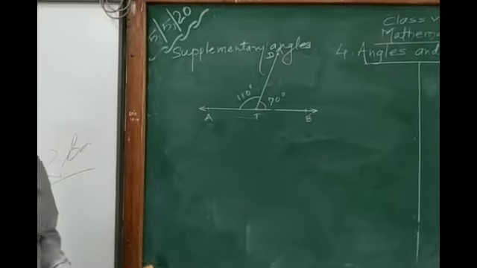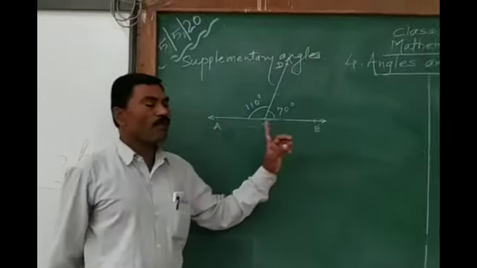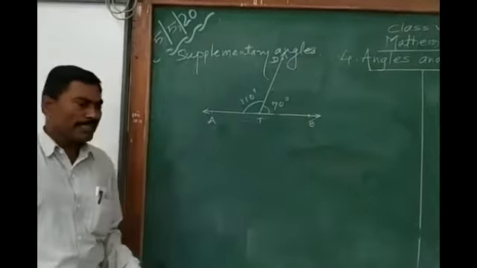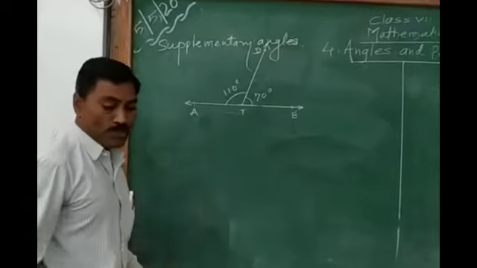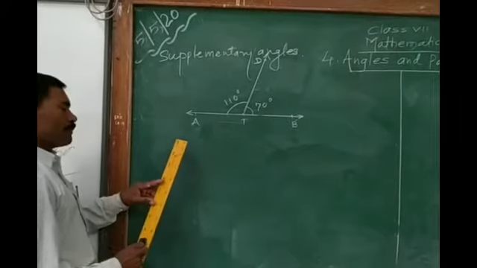Supplementary angles are not always formed by a straight angle. If the sum of the measures of two angles is 180, they are called supplementary angles.